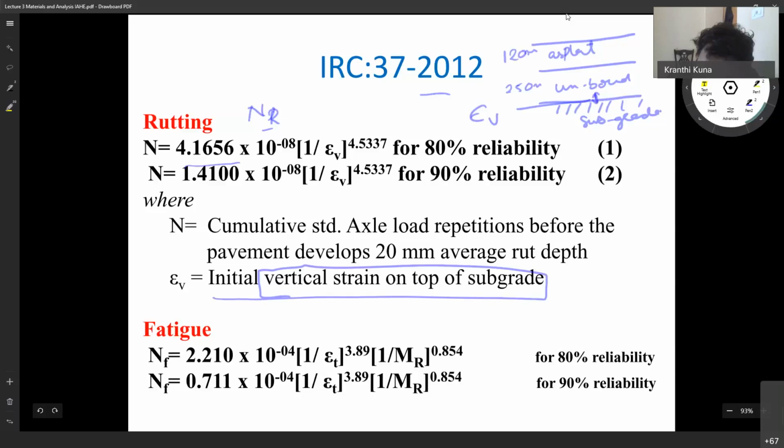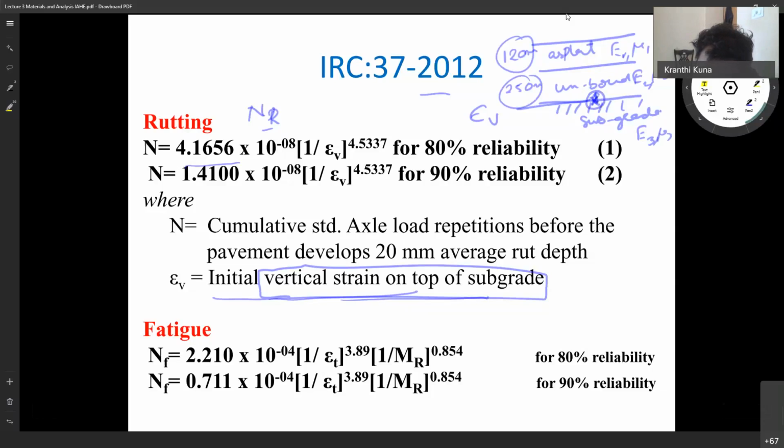With E1 mu1, E2 mu2, and E3 mu3, and you know the thicknesses and material properties, if you input them into the pavement analysis and want to determine the stress, strain and deflection at this point, you get the vertical strain, which is the compressive strain at the top of the subgrade.